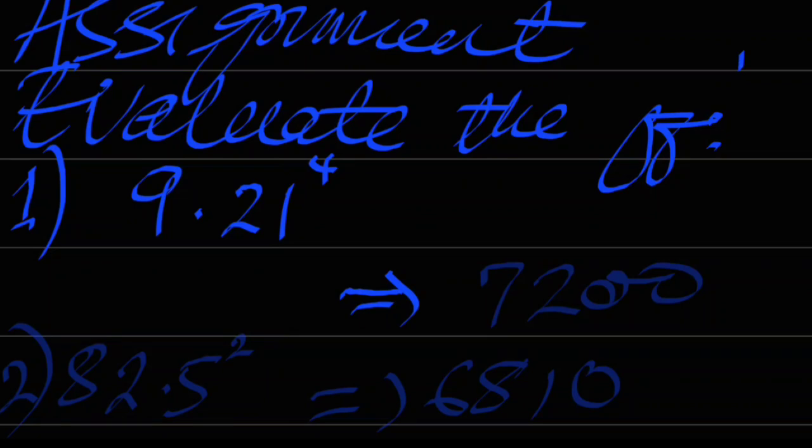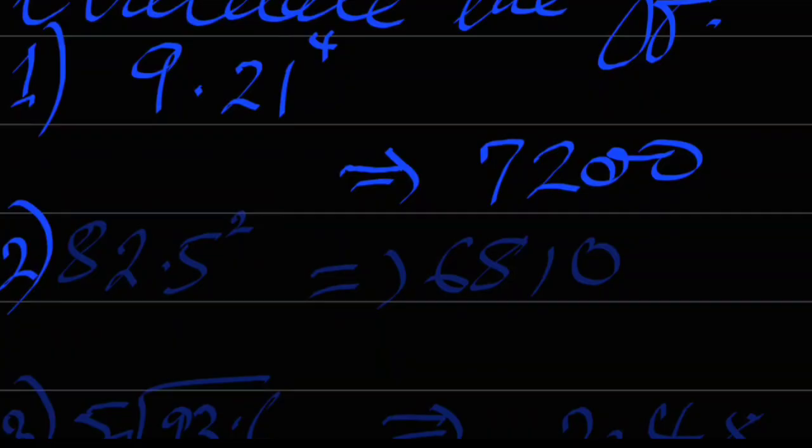If your work is correct, your final answer will give you 7,200. Question number 2: evaluate 82.5 raised to the power of 2. If your work is correct, you will get 6810.